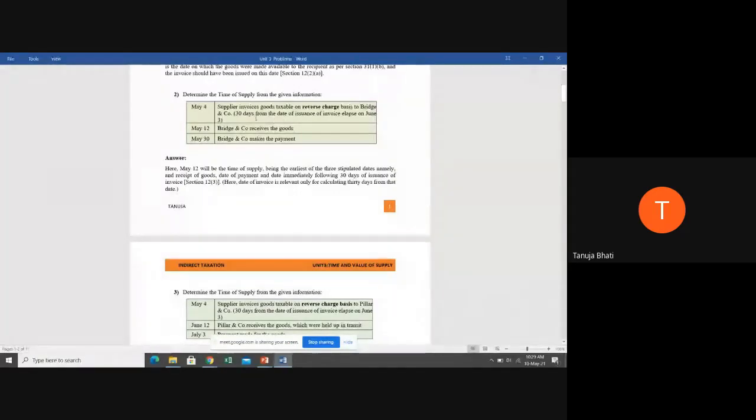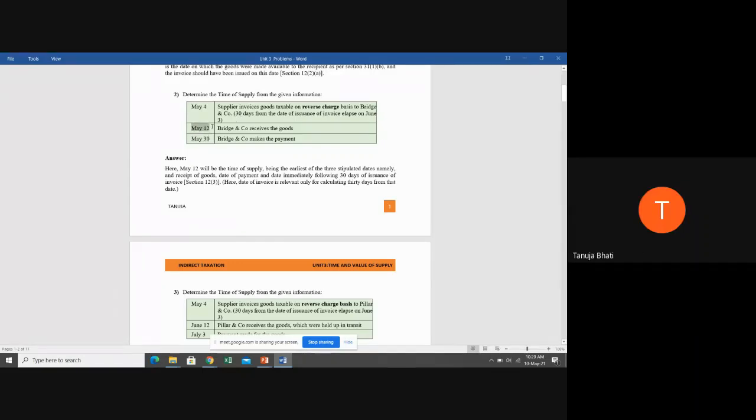So you need to compare 3 dates: June 4, May 12, and May 30. Students, can you tell me what is the time of supply? Among these 3 dates, which date is falling earlier? May 12. So May 12 is your time of supply.